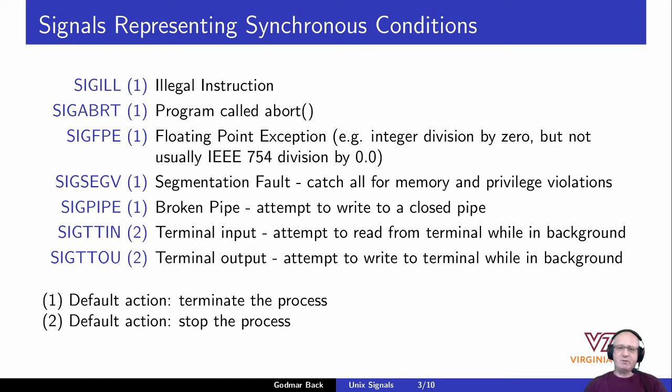Now, most of these have a default action, which is to terminate the process, and that's very sensible because it provides a fail-stop behavior in the presence of faults. And some of these have the action of stopping the process so that a user can later take action to continue after the process is placed into the foreground. The process can then be continued so that it can proceed.